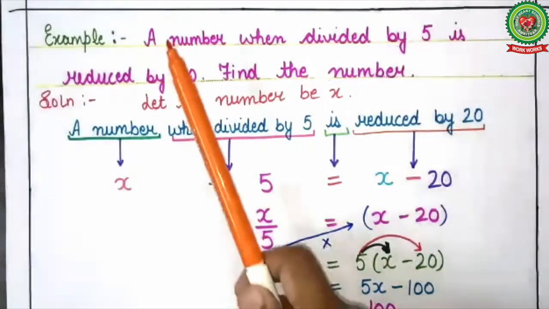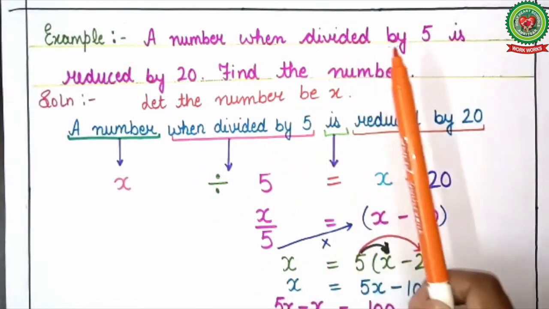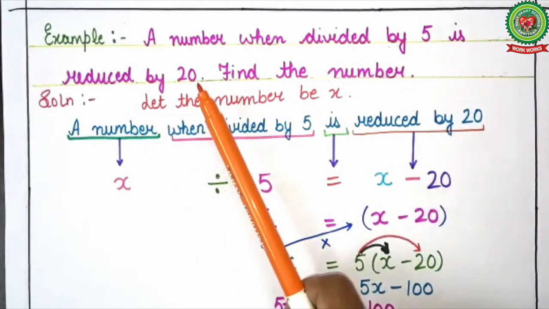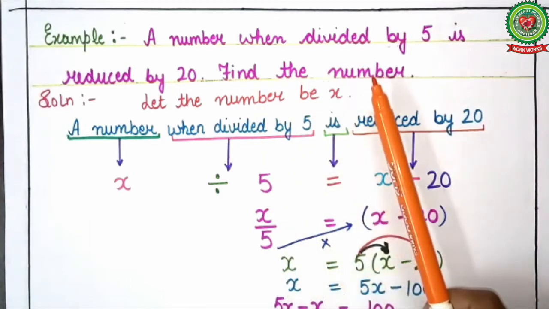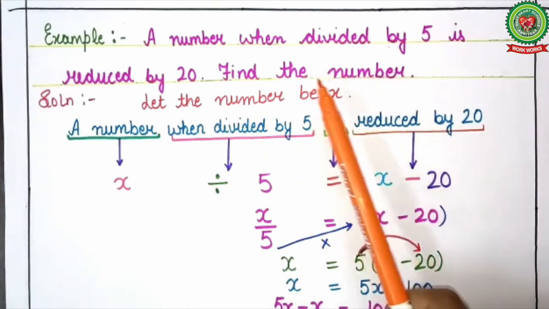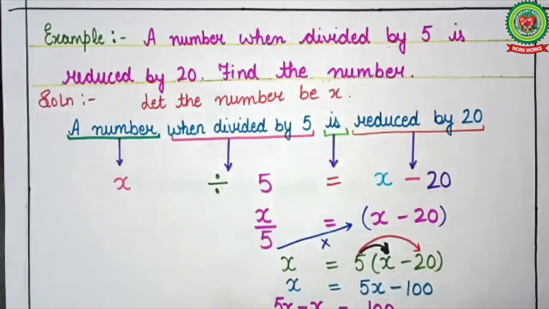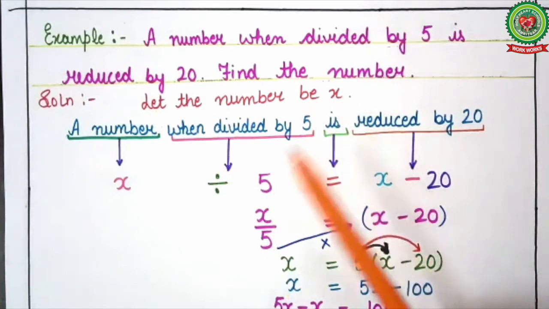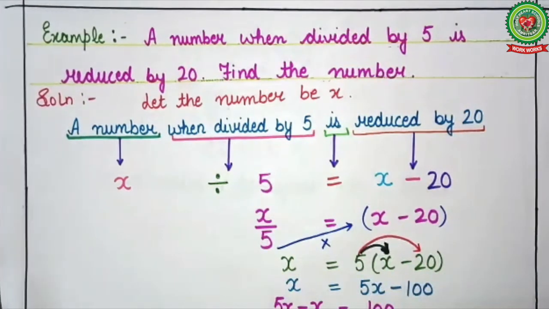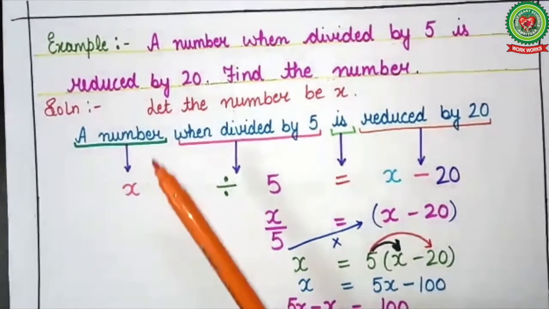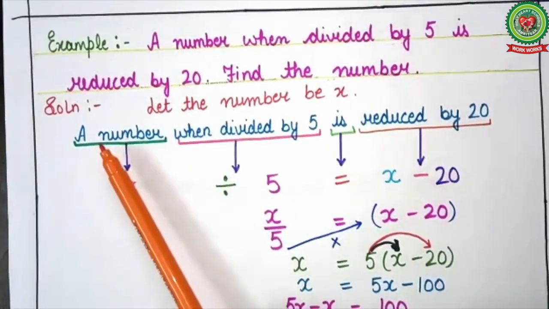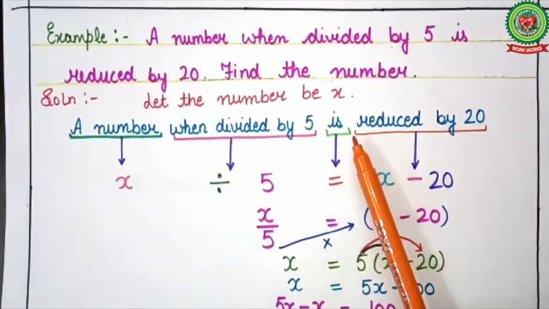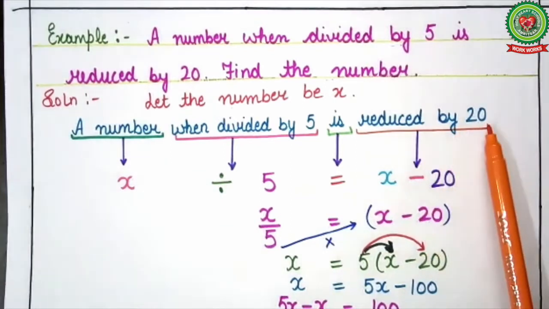Here: a number when divided by 5 is reduced by 20. Find the number. Again, we have to find the number. So step 1, let the number be x. Now reading of the statement. Here what is the statement? A number when divided by 5 is reduced by 20.